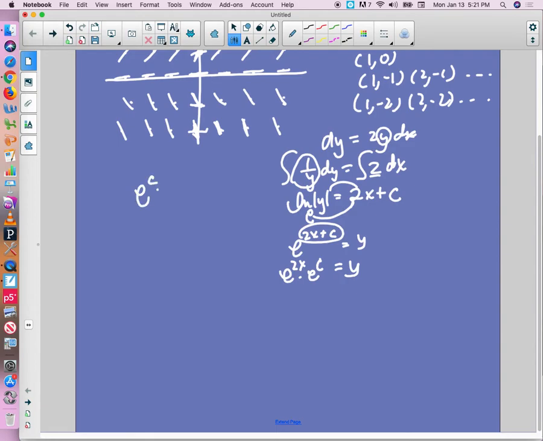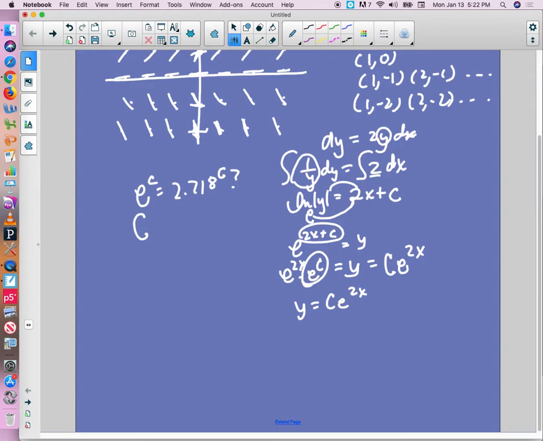And e to the c is just 2.718 to some power. And so that's really just a bigger constant. So I just call this e to the c. Normally I'll just call that a constant, c e to the 2x. So our equation is y is equal to c e to the 2x.